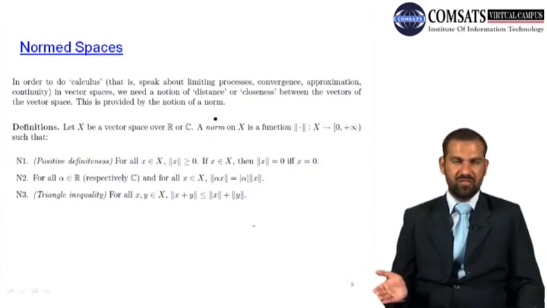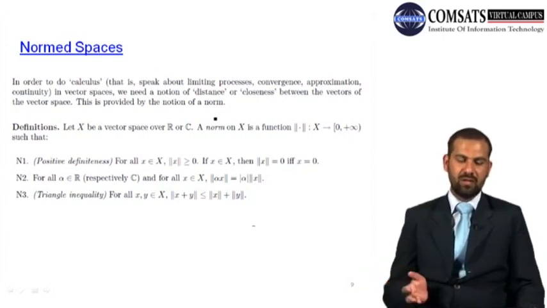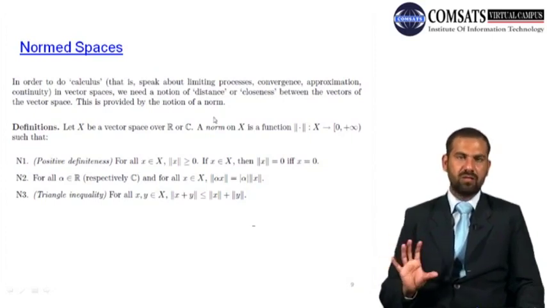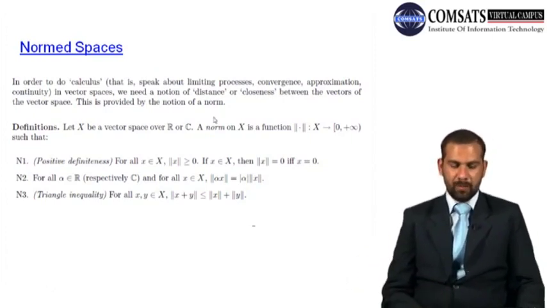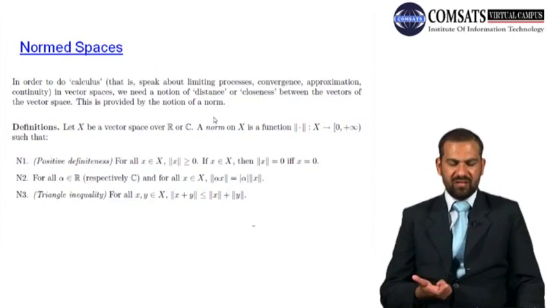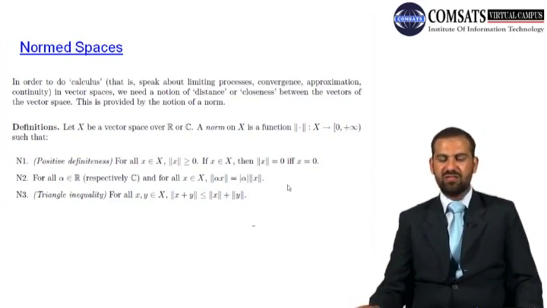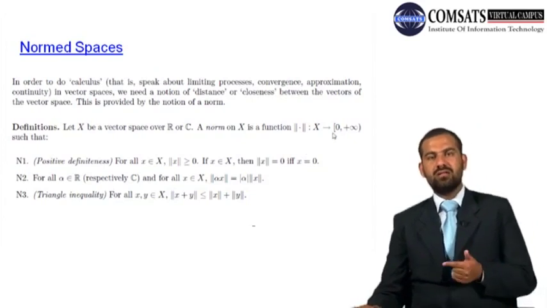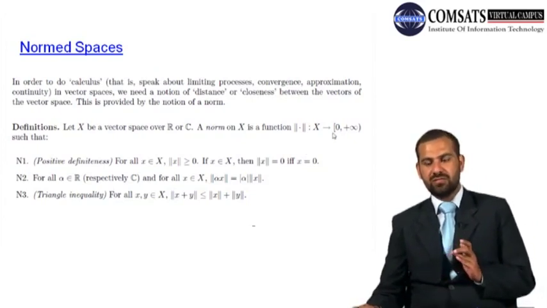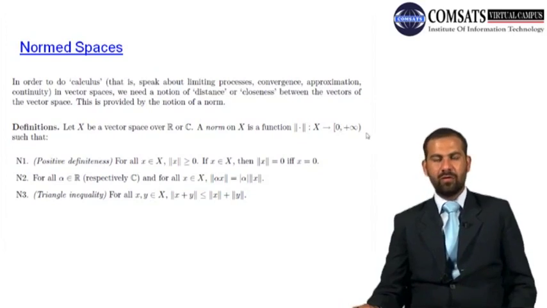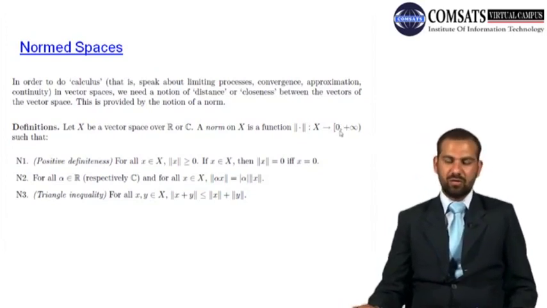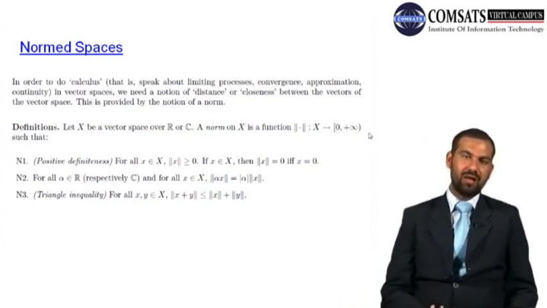That is an if and only if case; both directions must be satisfied. Now positive definiteness also follows from the definition, since it's a function from X to the set of non-negative real numbers. Since the range is from 0 to infinity, there is no chance that you obtain negative elements.